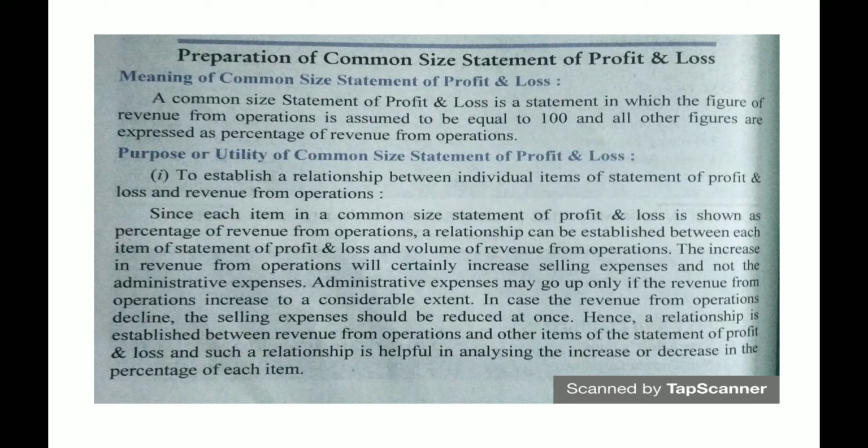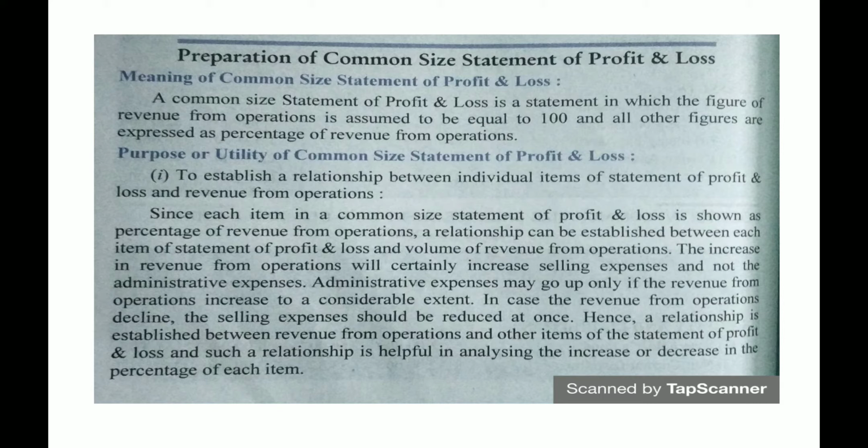Sales is analyzed to draw useful conclusions over a period of time, and if the relationship between the various components of the income statement and revenue from operation is compared, we can easily find out the relative efficiency of the firm. Okay? So all the items of the profit and loss account are shown as a percentage of revenue from operation.